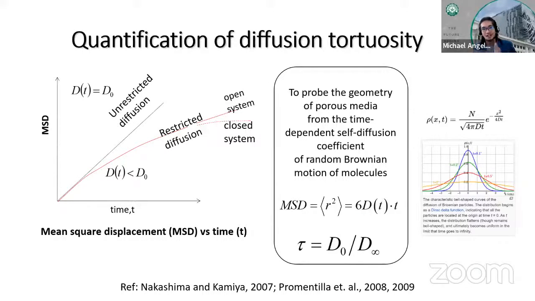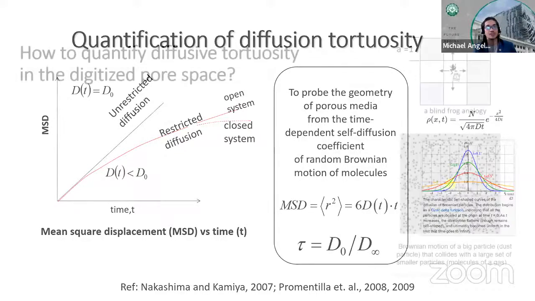And of course, we extend this to the quantification of the diffusion tortuosity. So tortuosity is, you could say, if a transport path is as simple as a straight line, it's not tortuous; when it's tortuous, it's not as simple as a straight line. In this case, we try to quantify this using this parameter known as diffusion tortuosity.